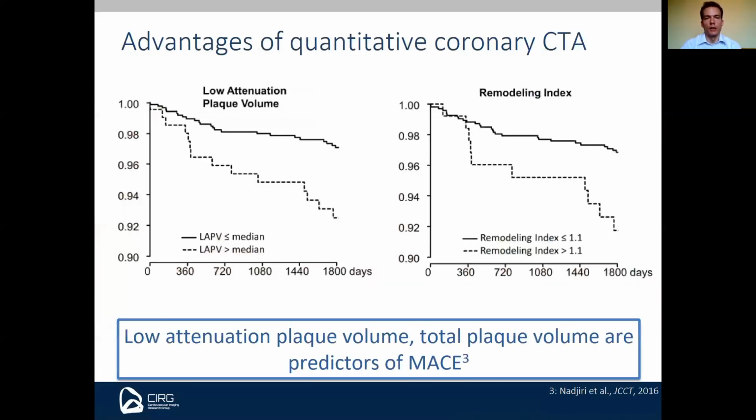materials. There have been a lot of papers discussing the advantages of quantitative coronary CTA, such that, for example, low attenuation plaque volume and also total plaque volume are predictors of major adverse cardiac events.